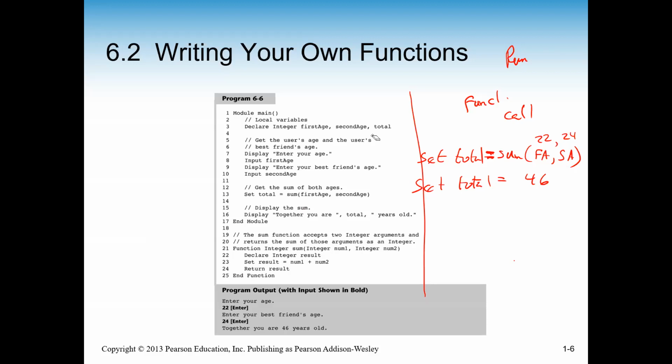This is a concept that maybe it'll become more obvious later on. You'll be able to replace things. You'll be able to replace, for instance, this first age might be some complex value, and so you might just replace it with a function. Function, barometric pressure, right? And it's a function that just returns a value.